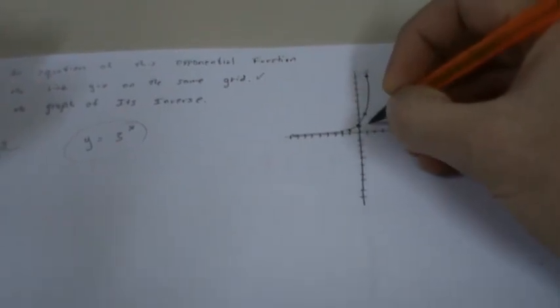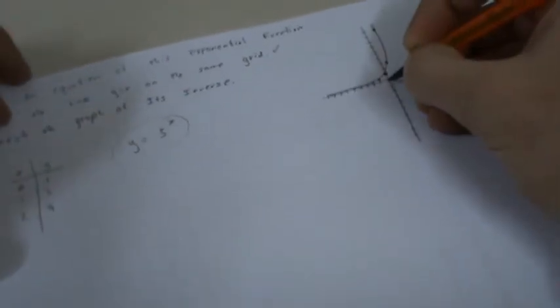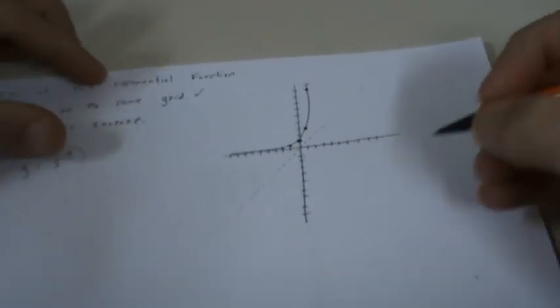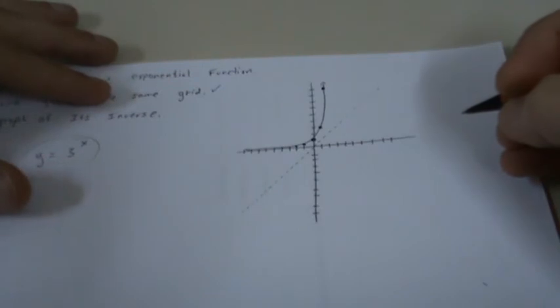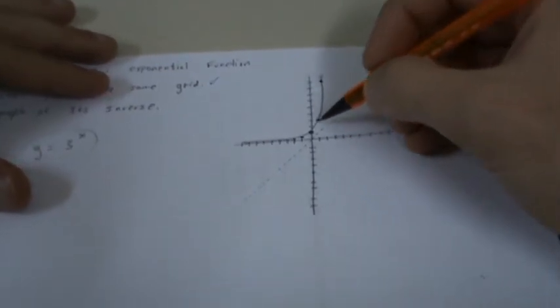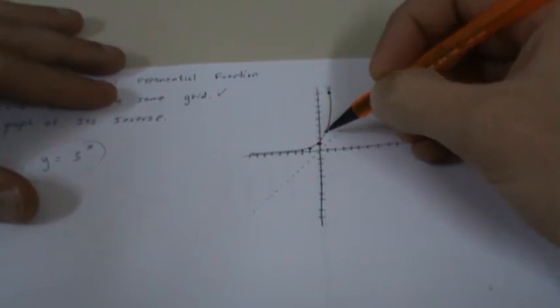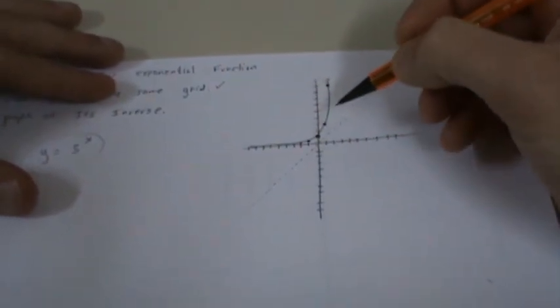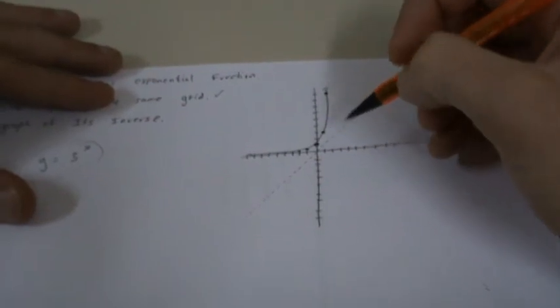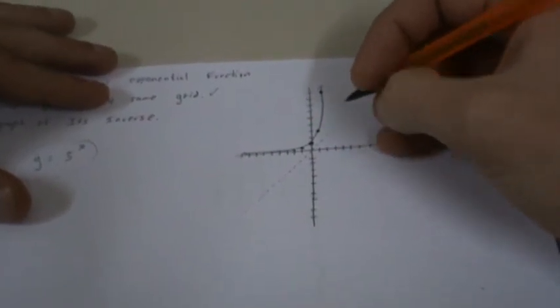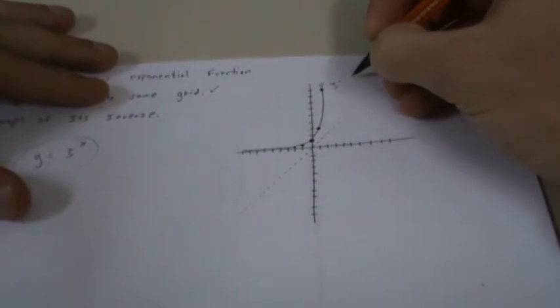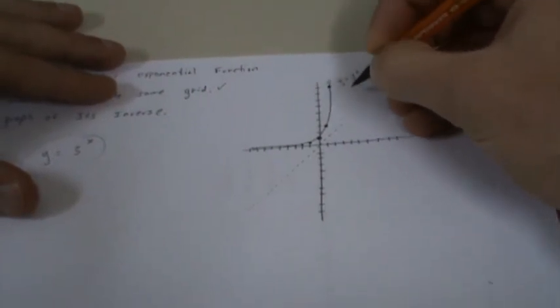And so, what I mean by that is if you produce a y equals x line, and the y equals x line is this, if you produce one of these lines, and then you reflect around it, you will always end up making the inverse of your existing graph. Okay? And so this is y equals 3 to the x.